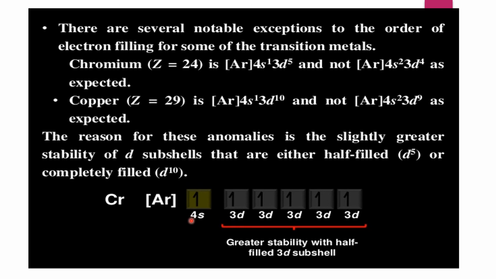In general, the 4s orbital has to be completely filled and then electrons have to be filled into the 3d orbital. So 4s2, if it has to be followed generally, then 3d1, 3d2, 3d3, 3d4 and 3d5, that is 3dz square is left empty. But when this is left empty, the atom is less stable.